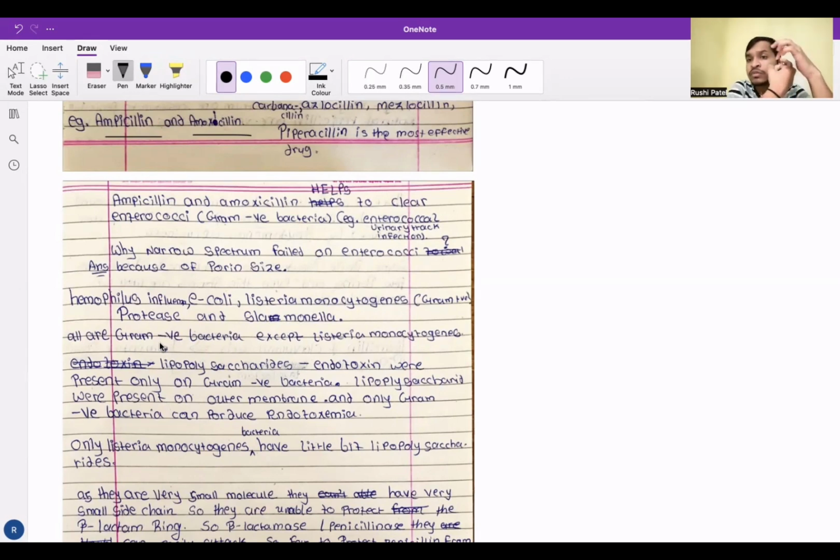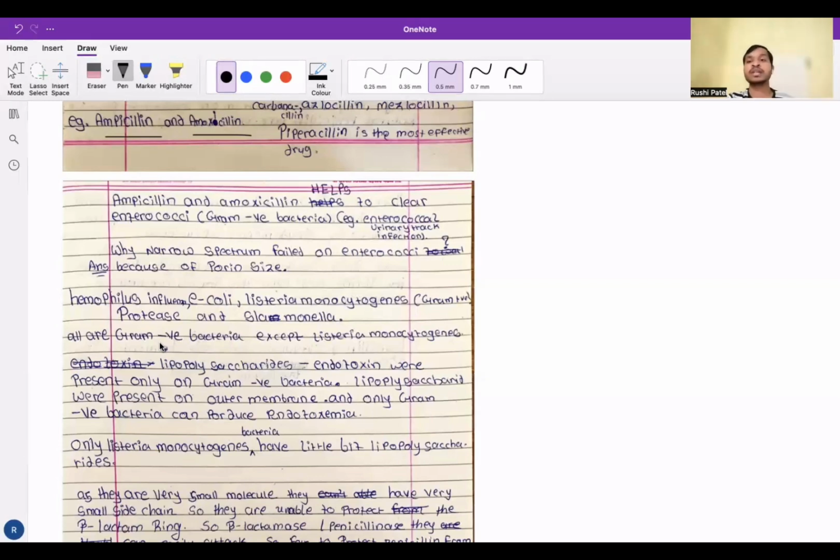But if the diameter becomes smaller, only one finger can pass. Because of the 4 inch diameter, the narrow spectrum fails to work because of its bulky molecular structure. So we reduce the R side group chain, so the molecule becomes smaller and can easily pass.